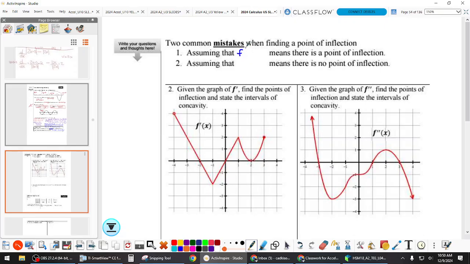So the first one is if we assume that f double prime equals 0 means there is a point of inflection, because it may not. Or assuming that f double prime does not exist means there's not a point of inflection. Or if it's not 0, we could also say it that way.